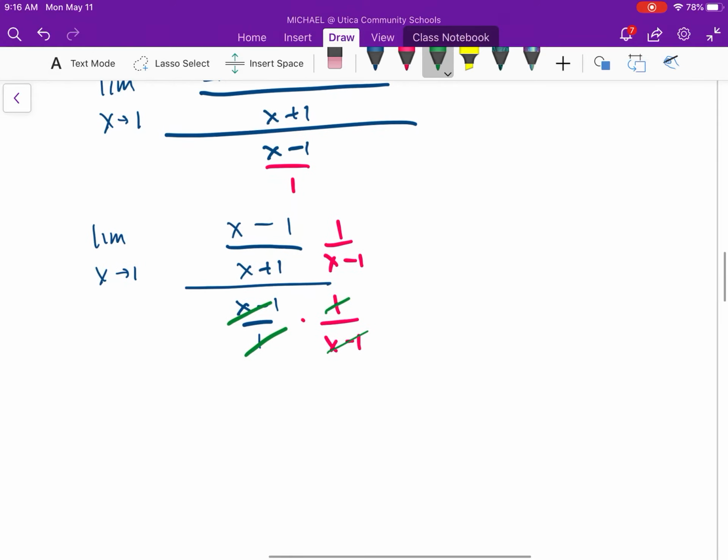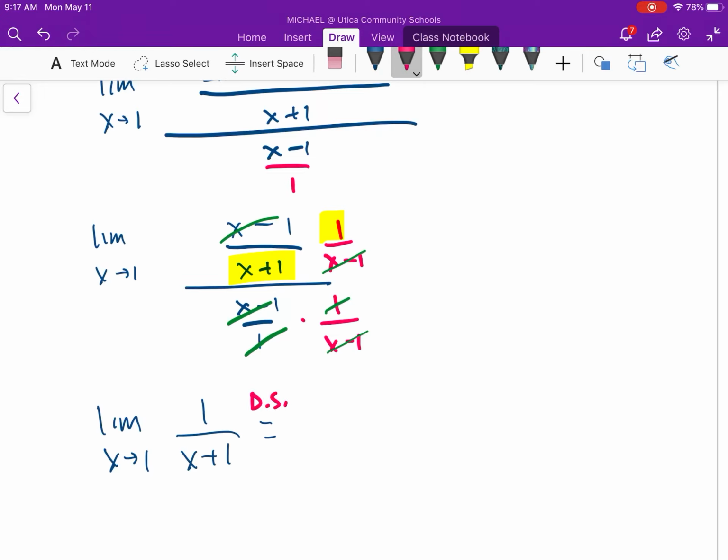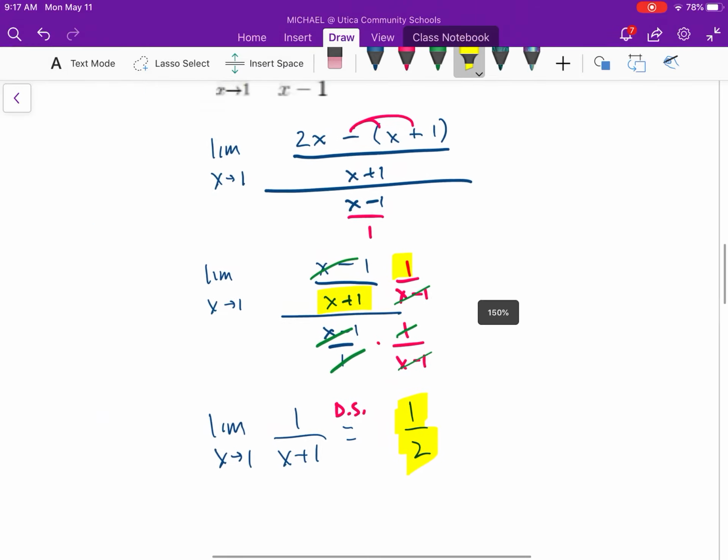Again, 1's cancel, x minus 1's cancel, and in the top, you'll notice the x minus 1's cancel as well, leaving me with just 1 over x plus 1. So limit as x approaches 1 of 1 over x plus 1. I can try direct substitution again, and I end up with 1 over 2. That's a number. So that's my answer.